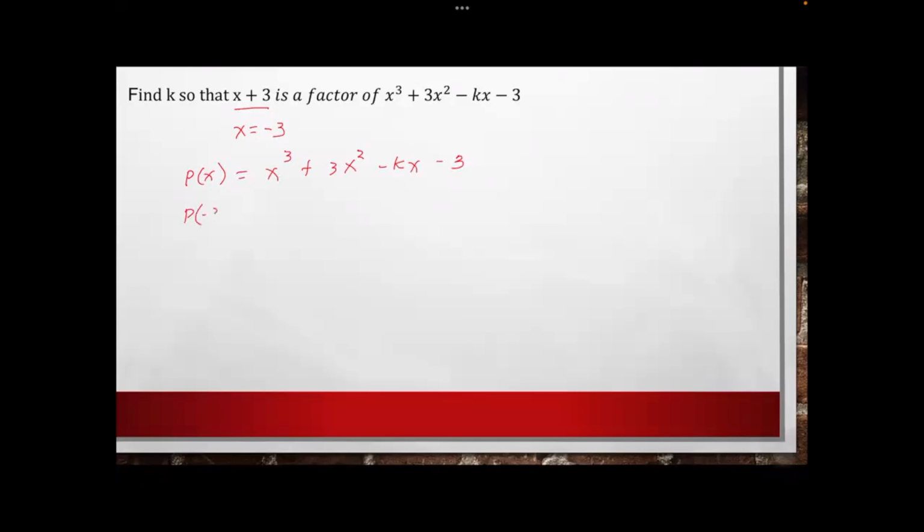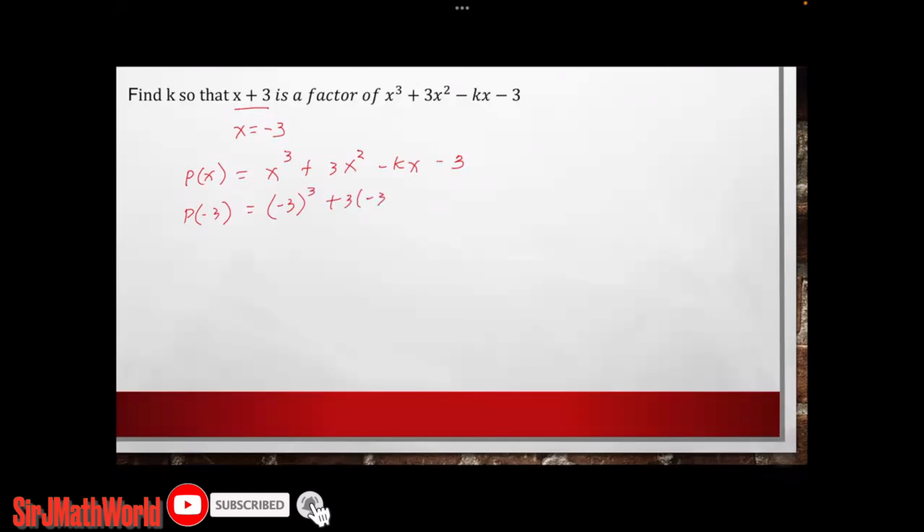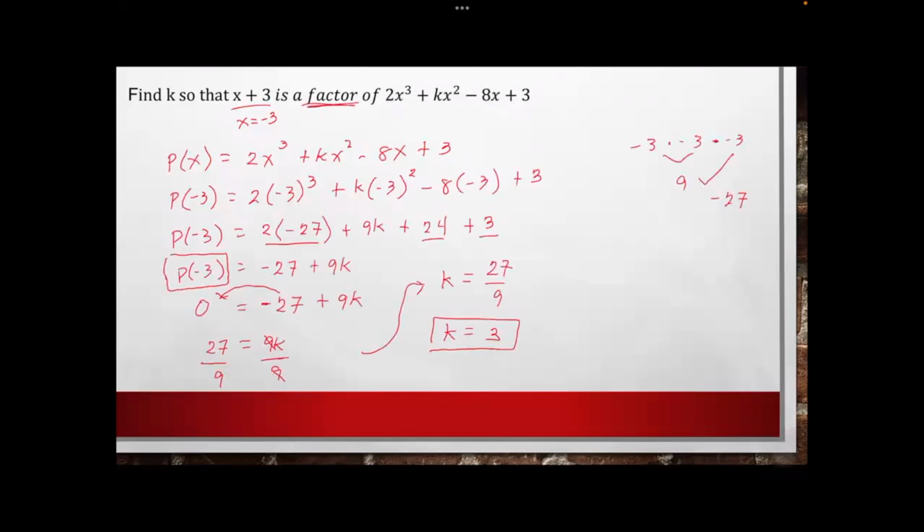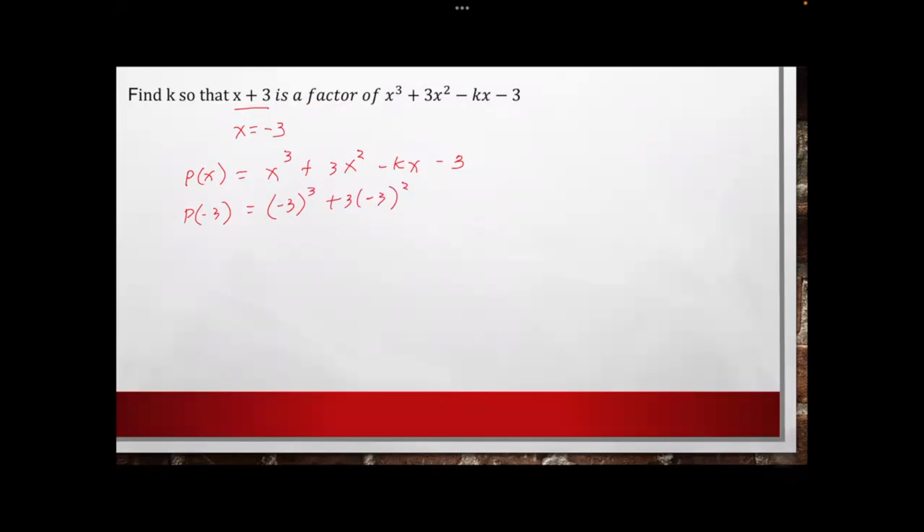Then, p of negative 3 is equal to negative 3 cubed plus 3 times negative 3 squared minus k times negative 3 minus 3.